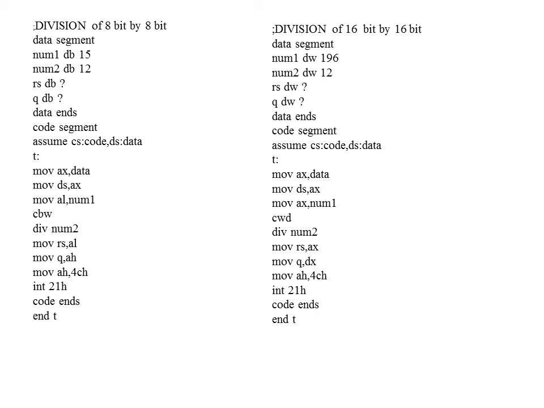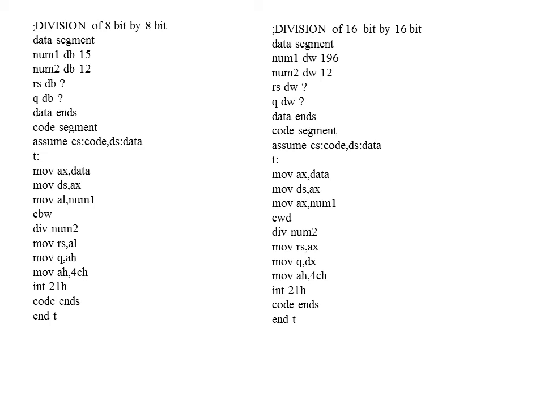How can we convert a 16-bit number into 32-bit? That 16-bit number should first be stored in AX register, and the MSB bit, either 0 or 1, gets copied into all 16 bits of DX register, so that the 16-bit number given as input gets converted into 32-bit number, and that 32-bit number we can divide easily by the other given 16-bit number, so that we get 16-bit quotient and 16-bit remainder, as in the previous case of 32-bit by 16-bit.